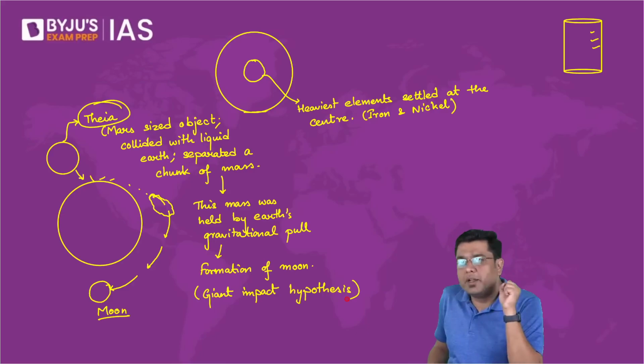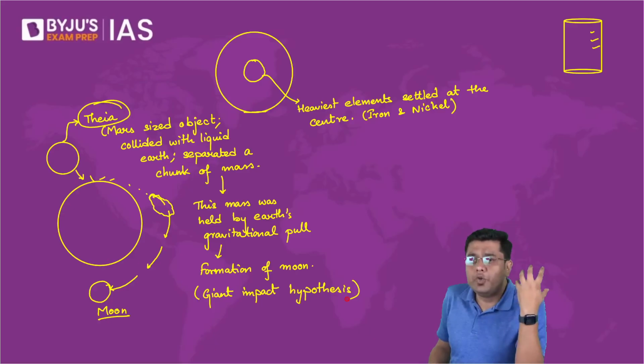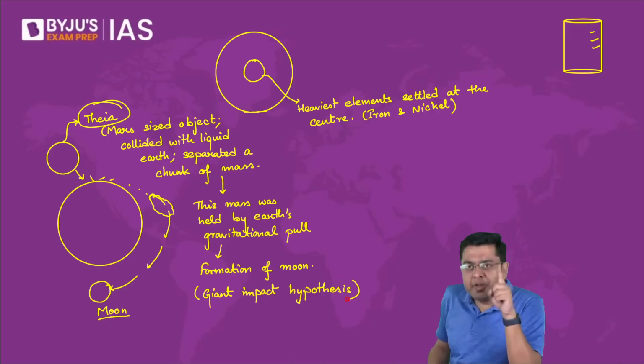So more particles would be attracted, more collisions would take place, size continued to increase, and with every collision, heat would be produced. And that heat eventually led to the molten form of planet Earth, whereby the heaviest elements, that is nickel and iron, would settle at the center.